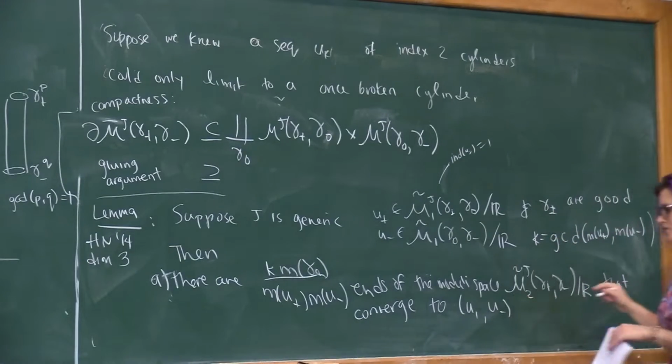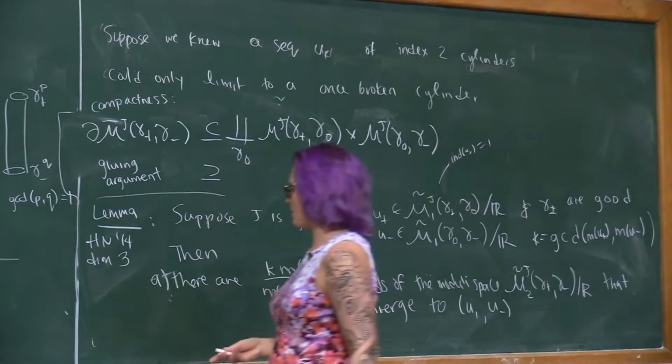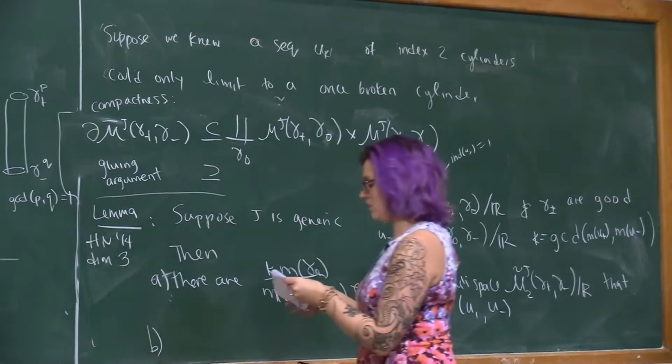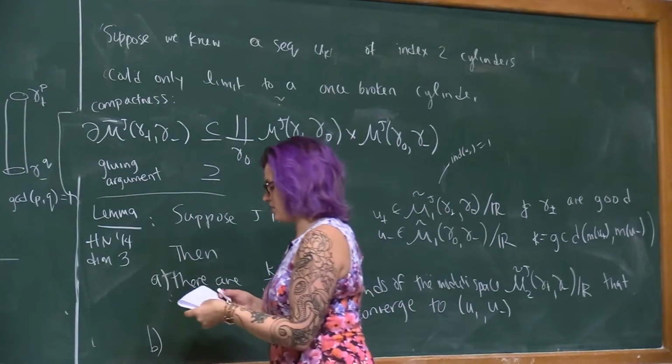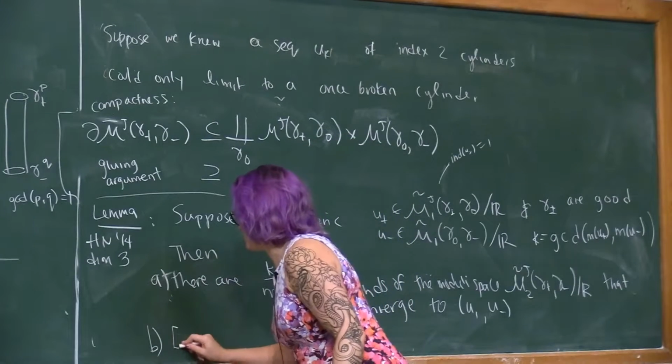So this is precisely the gluing statement where you're going with the opposite inclusion. And B, each such end consists of cylinders of multiplicity k.